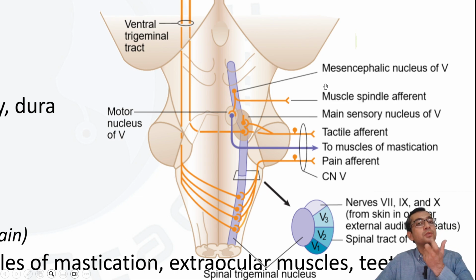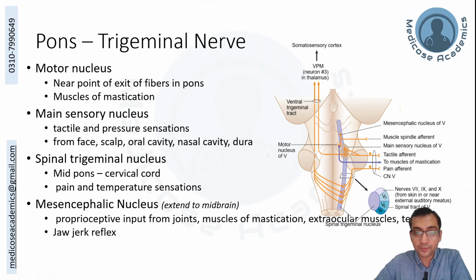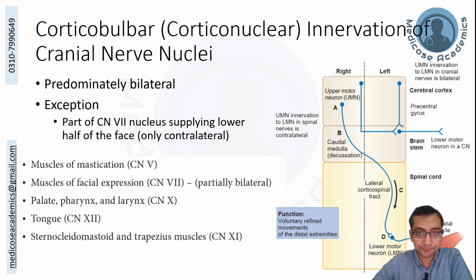Like when you hit here, the muscle spindles activate and the signal comes here. It is a monosynaptic reflex, the connection is made with the main motor nucleus that leads to the muscles of mastication, leading to the closure of the jaw. So trigeminal nerve is responsible for the jerk reflex.